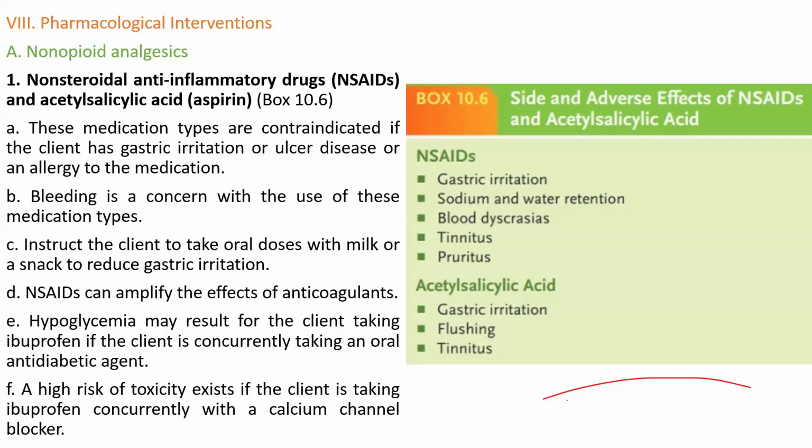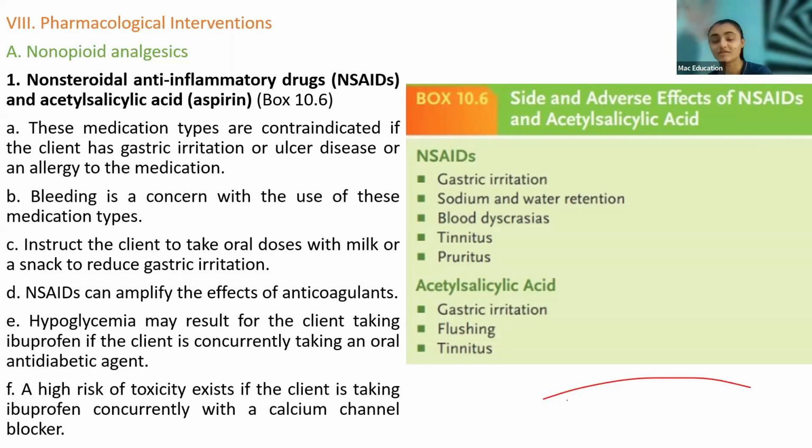NSAIDs, then cyclooxygenase inhibitors, COX inhibitors, and then acetaminophen. It is not only an antipyretic. It works as an analgesic as well. Its effect is not only antipyretic, it works as an analgesic also. So these are the non-opioid analgesics.